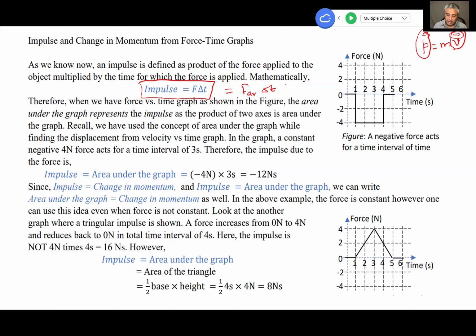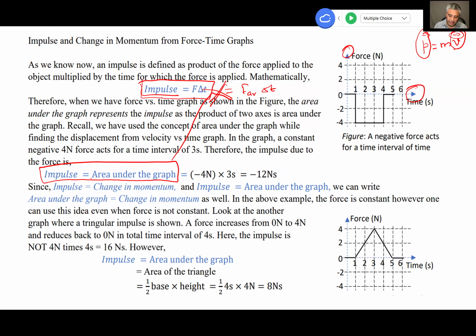Sometimes we may be given this impulse in terms of a graph, like a force and time graph. Okay. So when it is given in terms of a graph, then impulse is the area under the graph. Do not use this definition when impulse is given in terms of a graph.